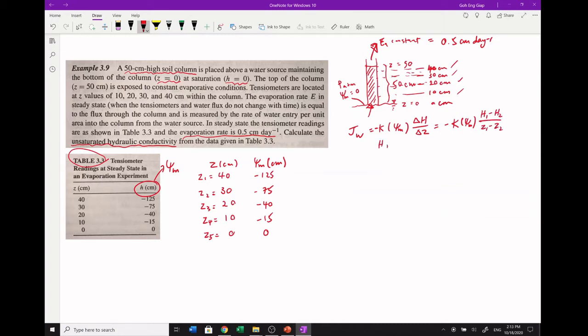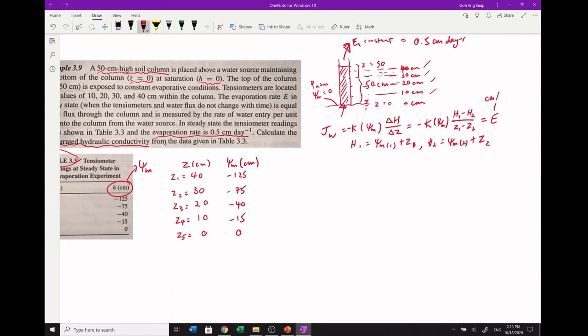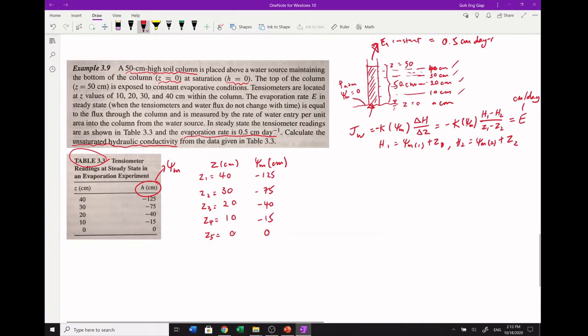Of course, H1 equals Wm1 plus Z1, and H2 equals Wm2 plus Z2. Because we know that the flux out from the top of the column equals the evaporation, we can use evaporation here in centimeter per day.